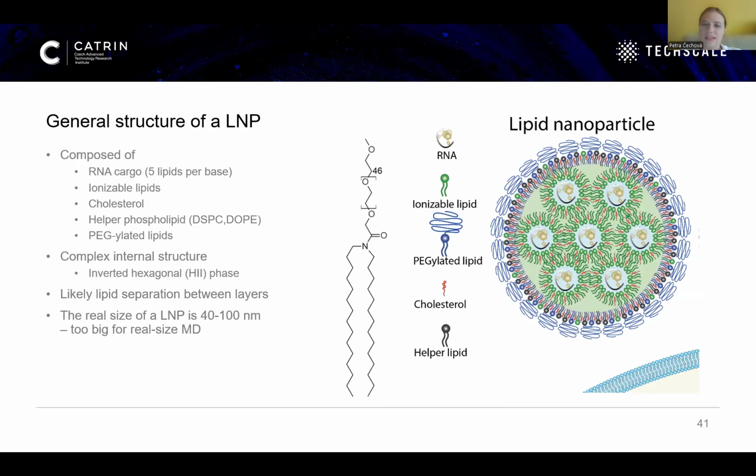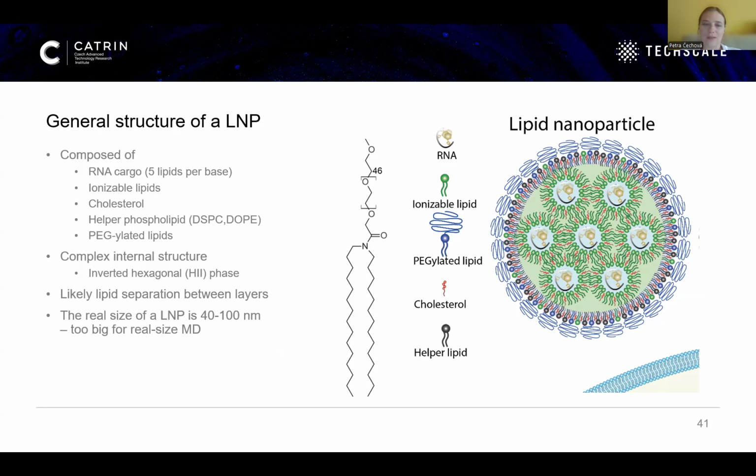So if you look inside of the lipid nanoparticle in this schematic view, there are multiple components. The first thing is the cargo, which is RNA. Then there are the ionizable lipids, about half of the composition. There is cholesterol. And when I first read the composition of ionizable lipid nanoparticles, I was really surprised because there's such a high amount of cholesterol compared to normal cells.